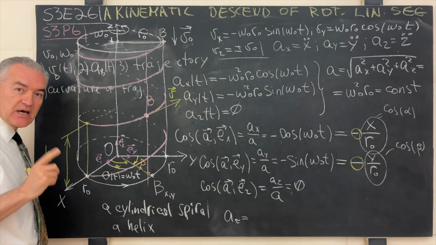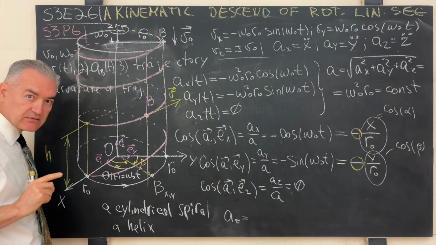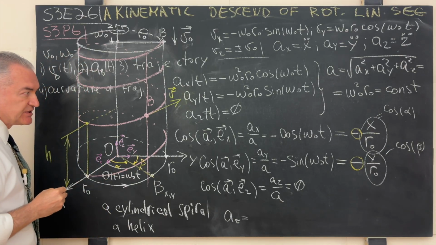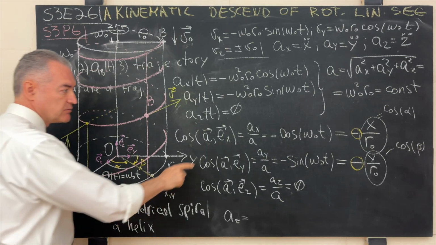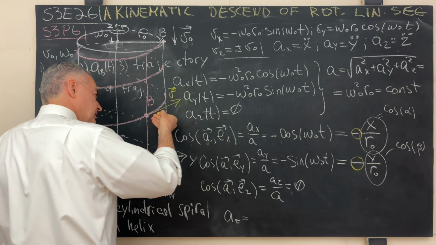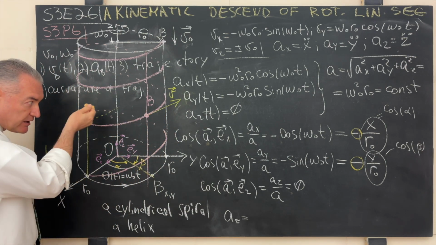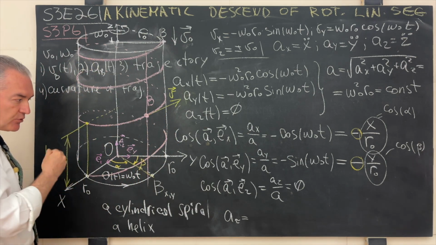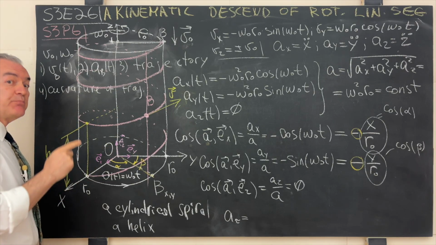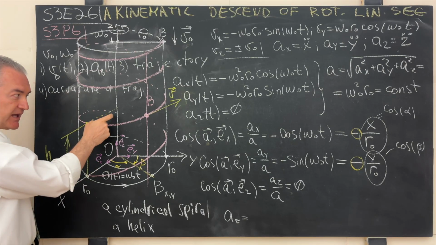The next conclusion that you're supposed to make and tell your examiner is that not only does the total acceleration vector lie in the plane that is orthogonal to the axis of the generating right circular cylinder, but it always points precisely at that axis.